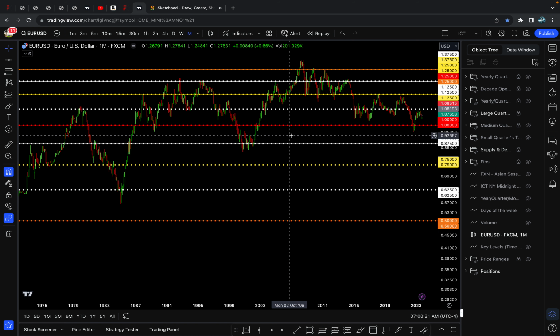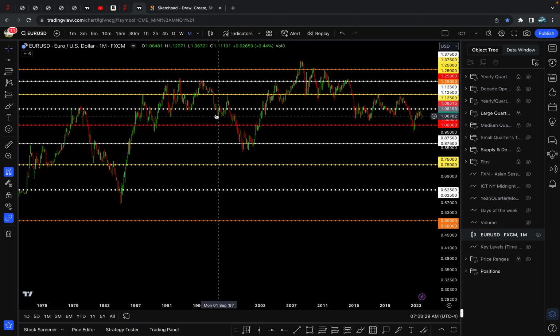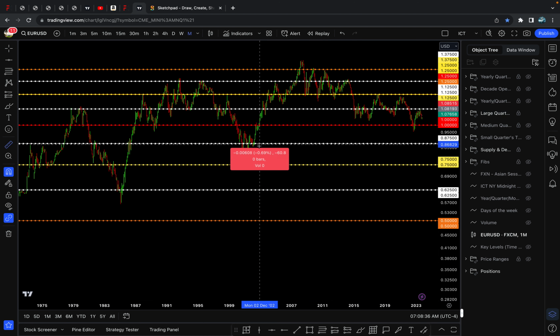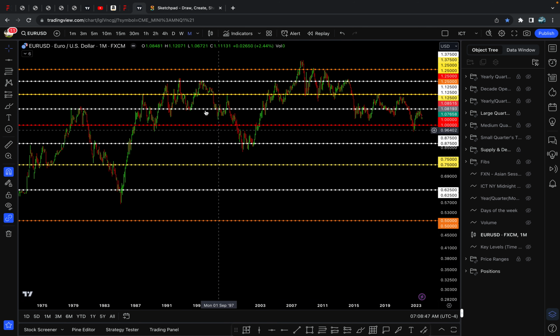You can see something's going on at these levels. If you just waited and traded at these levels, say price came down here, you waited for your little entry and all that, yeah, you would have to deal with finding your entry. But we're on the monthly right now, so you have to zoom in.